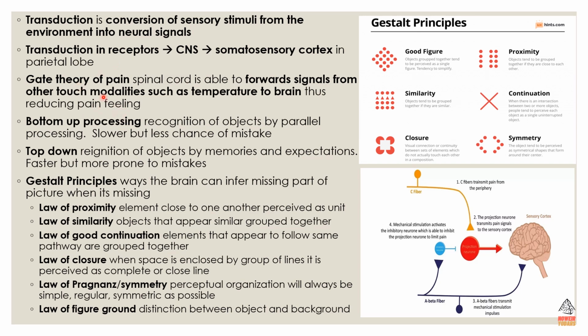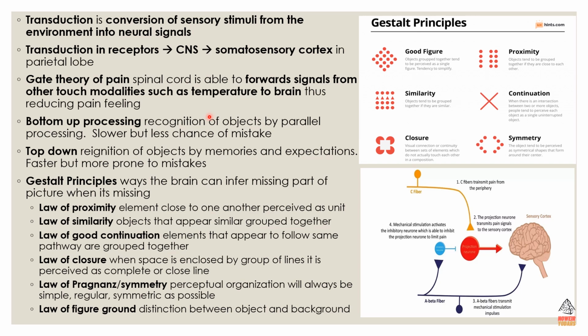Next, you have the gate theory of pain. The gate theory of pain is basically able to forward signals from other touch modalities, such as temperature, to the brain, thus reducing the pain feelings. You remember how we mentioned in the previous one that the free nerve endings are responsible for pain.